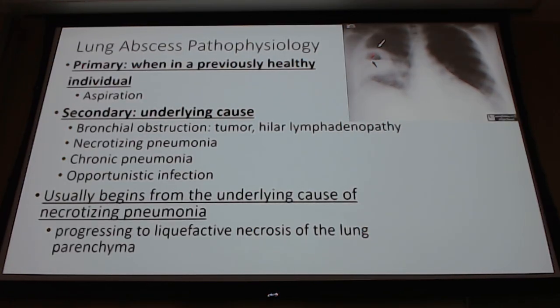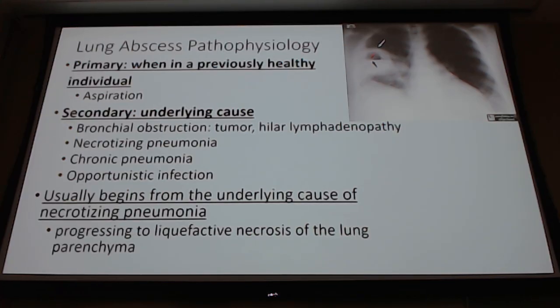Now, there is a difference between a primary and a secondary lung abscess. Primary is the previously healthy individual who aspirated, developed pneumonia, and then it turned into a lung abscess. Secondary is they have an underlying cause. They have some sort of obstruction, like a tumor or hilar lymphadenopathy. They have necrotizing pneumonia, chronic pneumonia, or opportunistic infections.